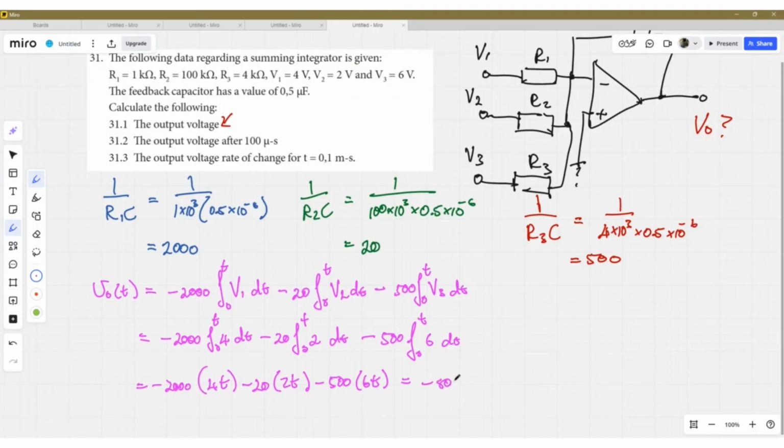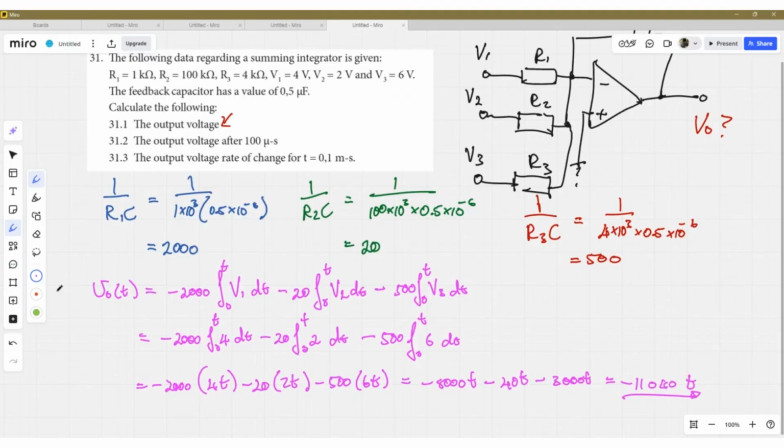That's minus 8000t, minus 20 times 2 is 40t, 500 times 6 is 3000t. If we add them all together, 8000 plus 3000 gives you 11,000. So that's minus 11,040t. Right, so there's your output voltage.